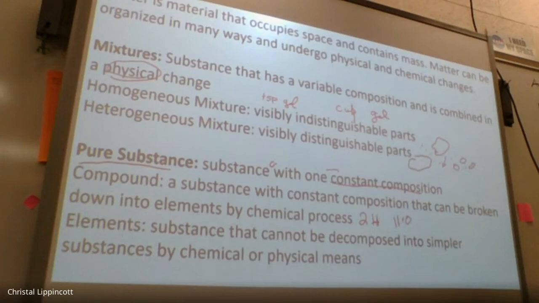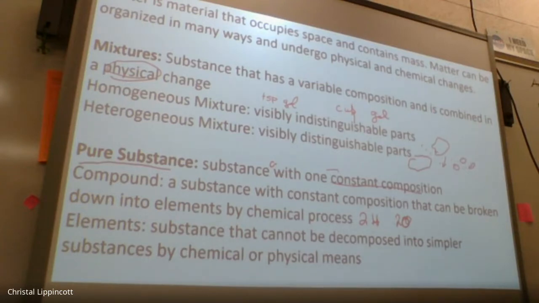That's water. If we change that and we end up with 2 oxygens here, we don't have water anymore. Now we have hydrogen peroxide. So changing the composition changes the identity of that substance.